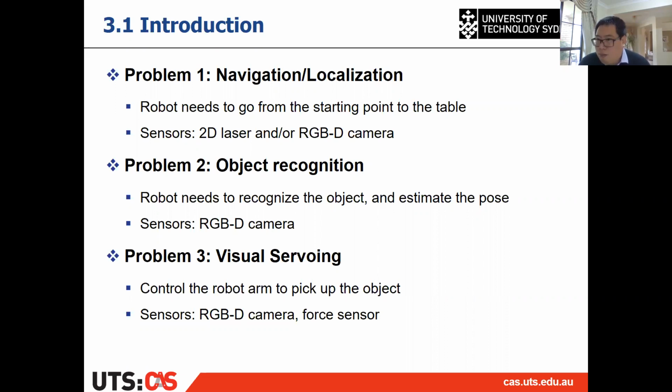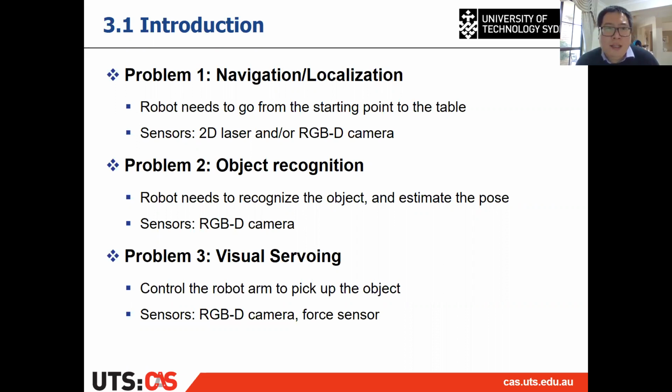And for each of the problems, you need to think about what kind of sensor and what kind of control method to use to solve it. This gives you a general idea about doing mechatronics or robotics projects. And I do believe you're applying this kind of thinking already to the group projects.